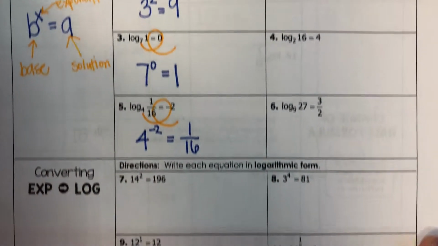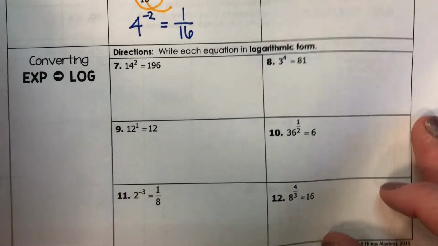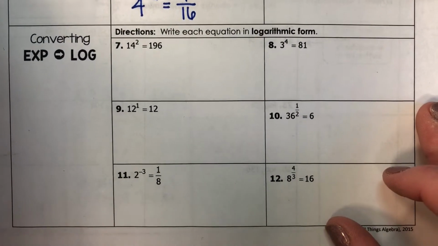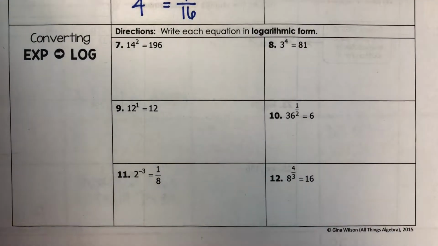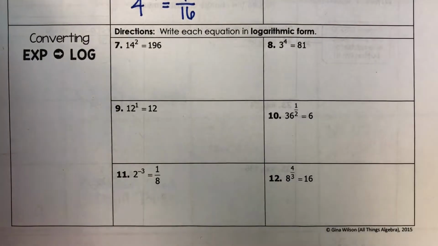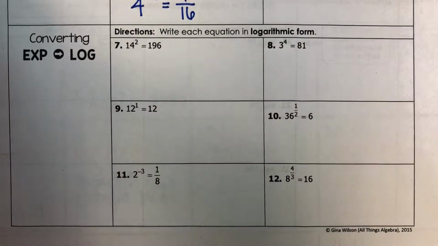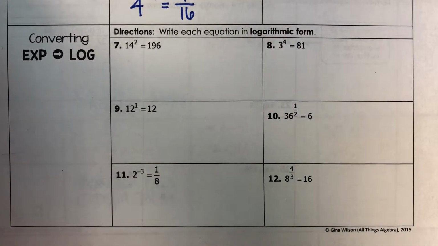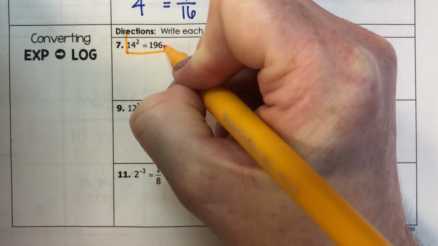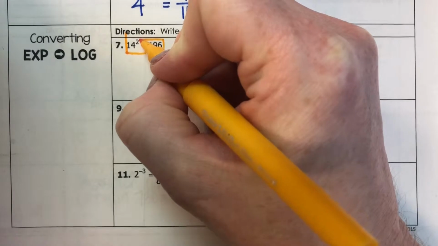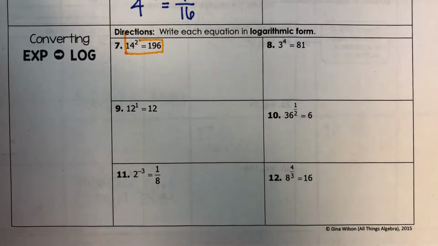Now, if I want to write them the other way, if I want to take the exponential form and put it in logarithmic form, I'm going to draw an L, kind of like a little block letter L. So I'm going to start over here. I'm going to come down through the 14, over to the 196, and end at the 2.